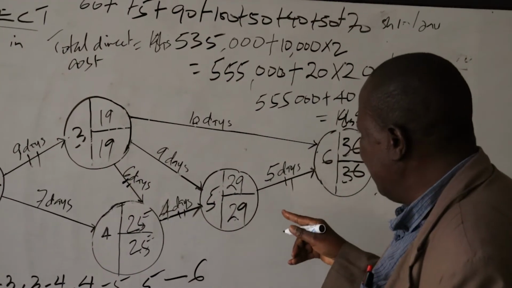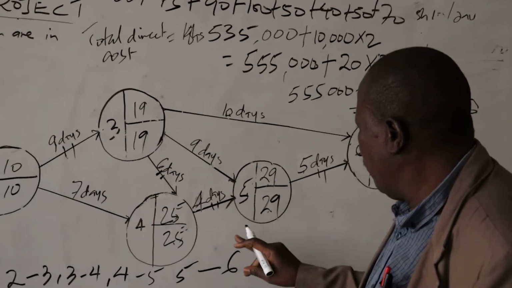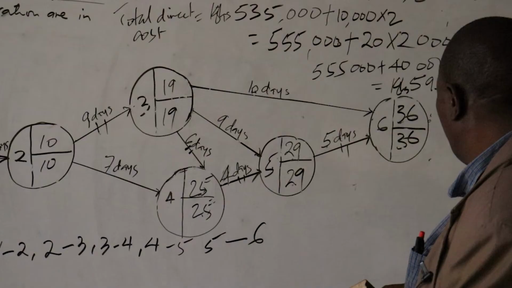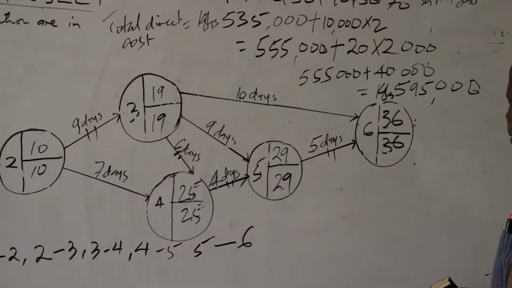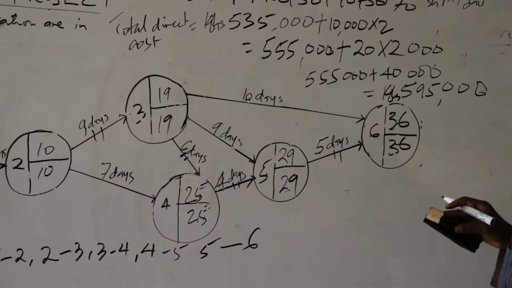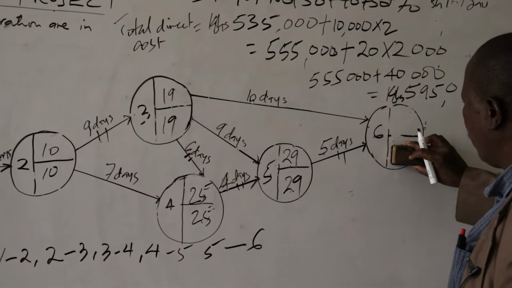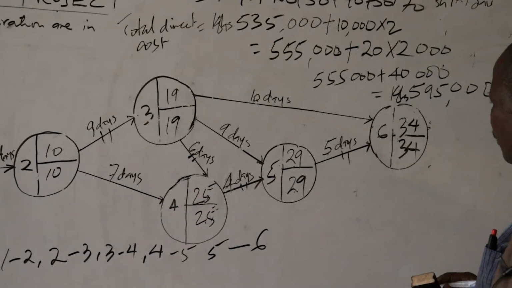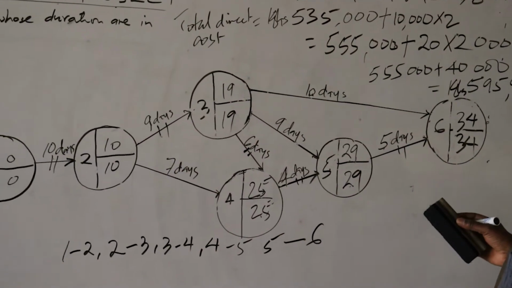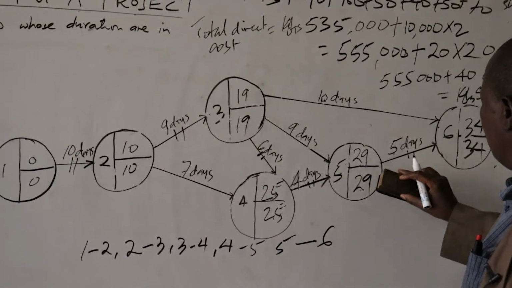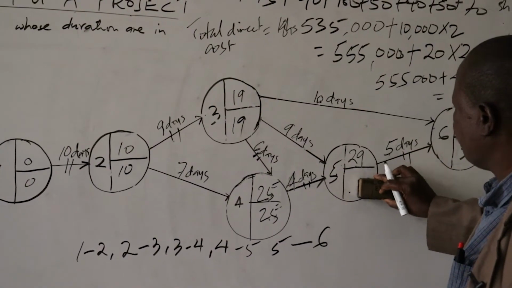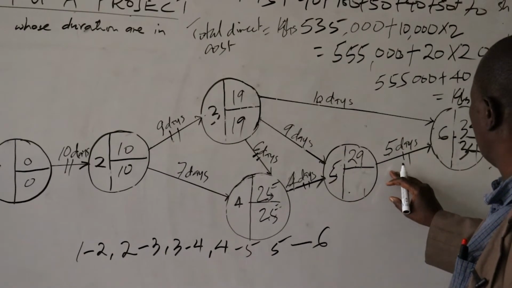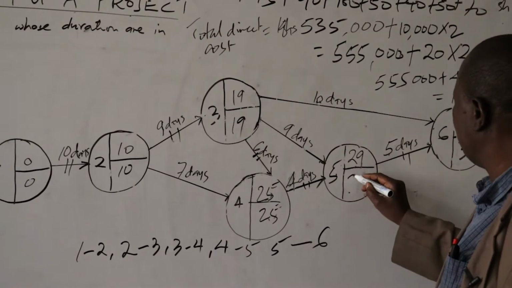Now we draw another network: 29 plus 5 is 34. Then 34 minus 5 is 29, still maintained.